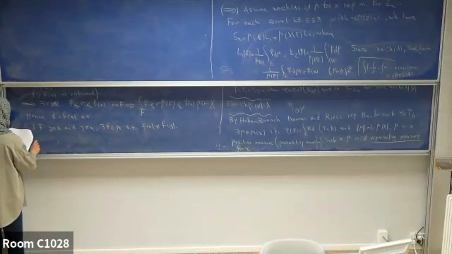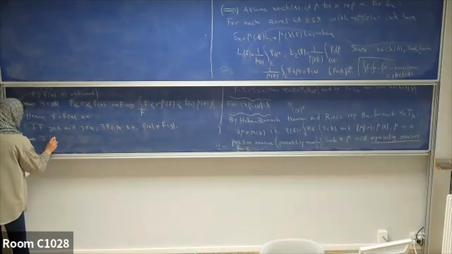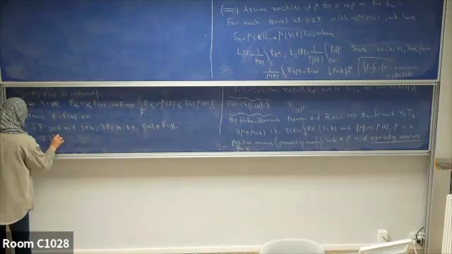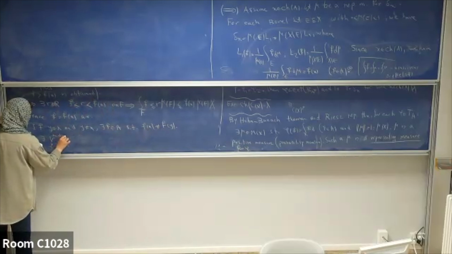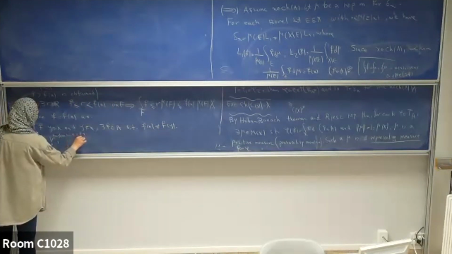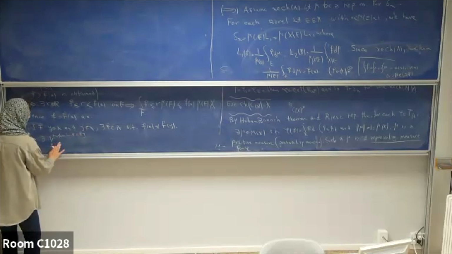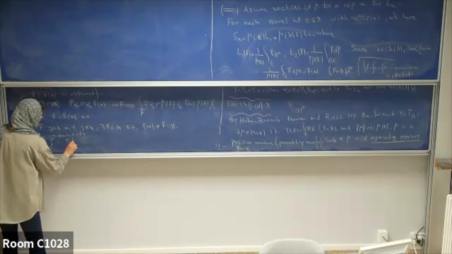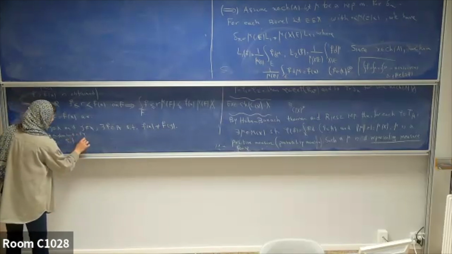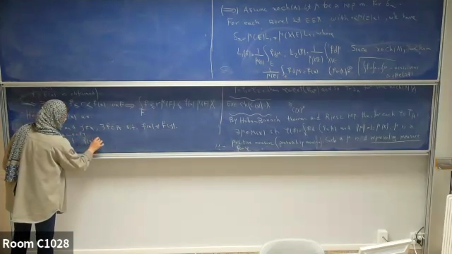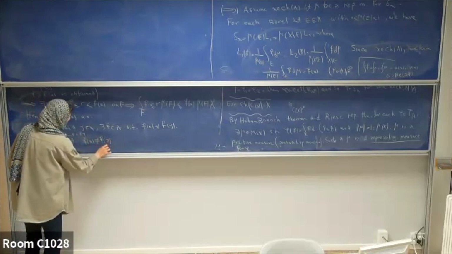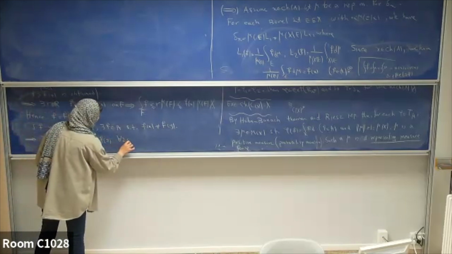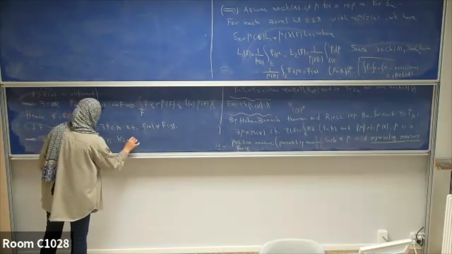So from continuity, there exists V, a neighborhood of y, such that f of x is not equal to f of z for each z in V.